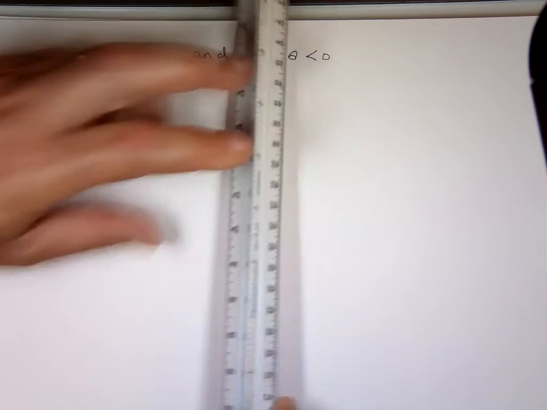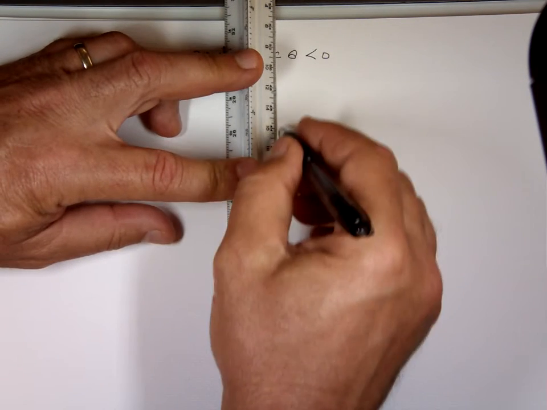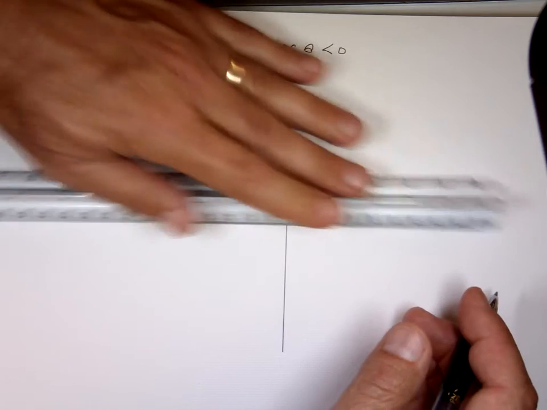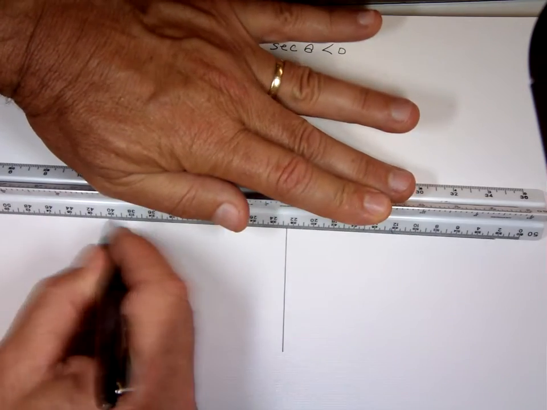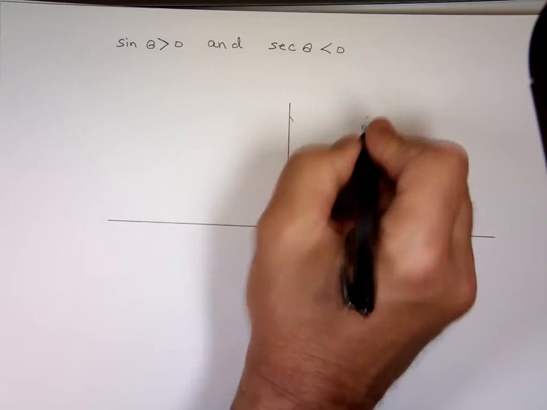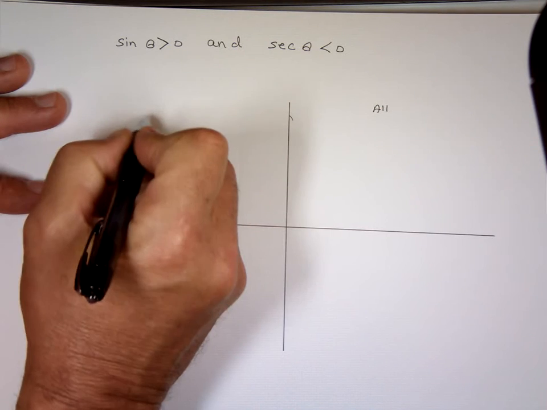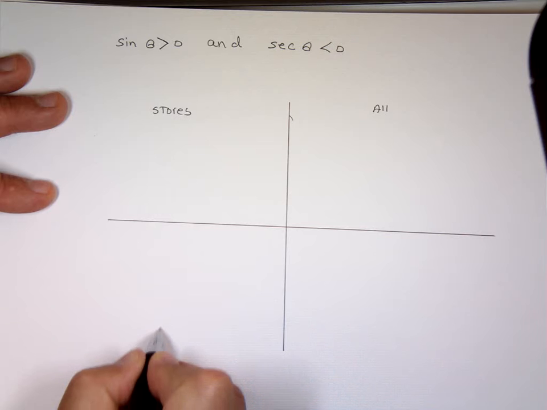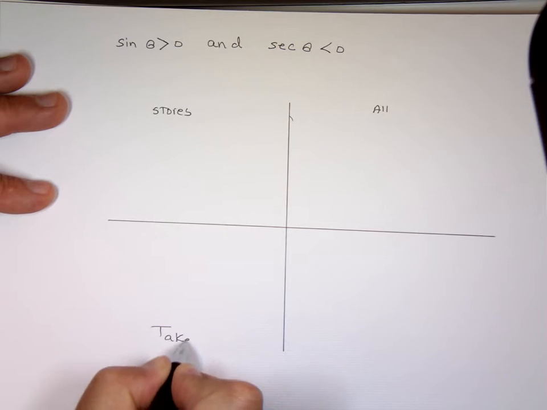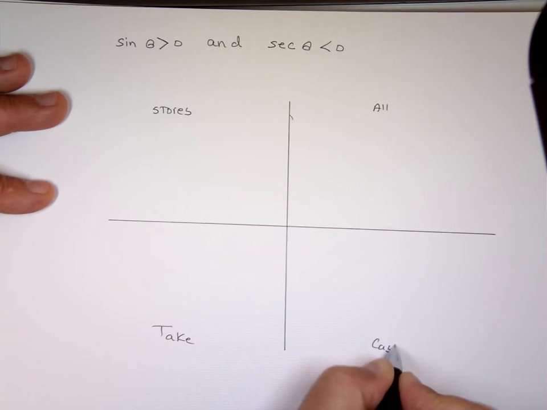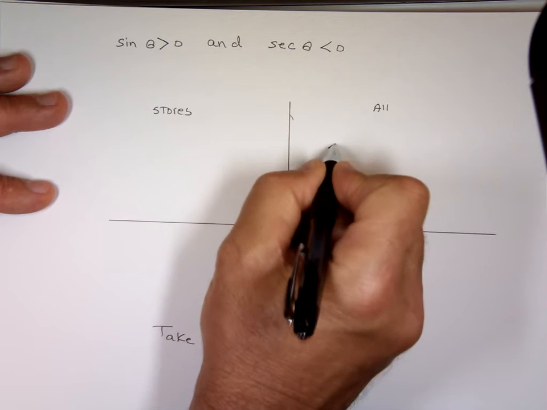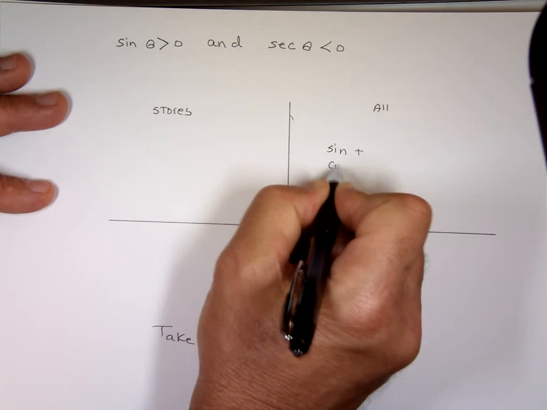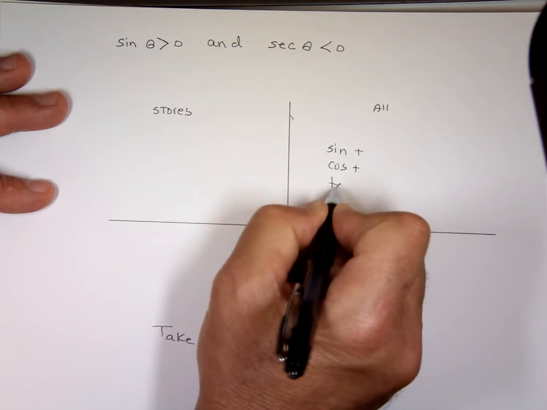Again, I have to go back and say all stores take cash. All stores take cash. Sine, cosine, tangent, all positive.